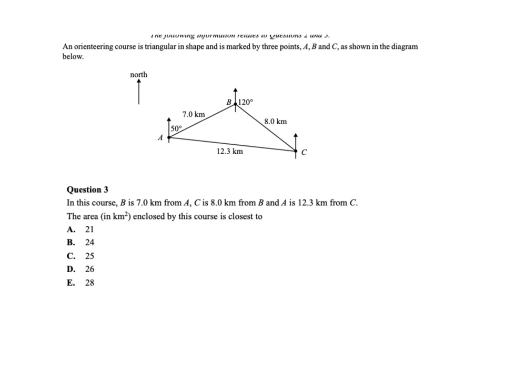Let's have a look at this one, and it said you've got a course again. It says the area of the enclosed course. So here's where we've got a bit of bearings in there as well. Okay, so I'm going to show you. We've got these north lines going up here.